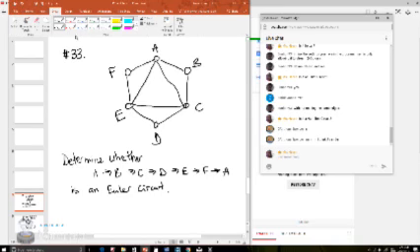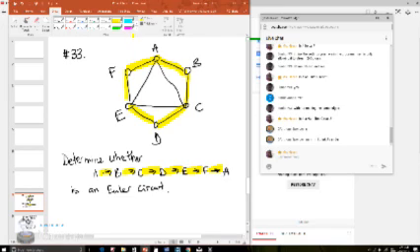Okay. So let's follow along here. So A to B, and then B to C, and then C to D, and then D to E, and then E to F, and then F to A. So let's take this one step at a time.